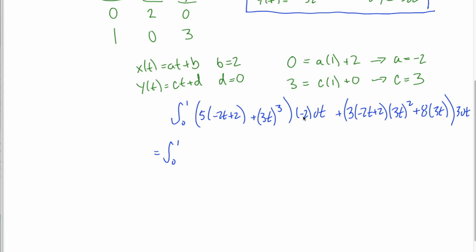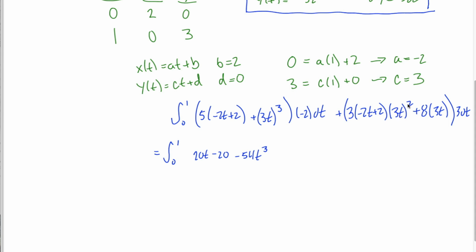Ooh, what a mess. All that's left to do now is simplify, combine like terms. Is this something we can do in our head? Hopefully. Let's see. Negative 2 times 5 is negative 10. Negative 10 times (negative 2t plus 2) is positive 20t minus 20. And then 3t cubed is 27t cubed. And when I multiply that 27t cubed by negative 2, I get negative 54t cubed. That wasn't so bad. What about over here?